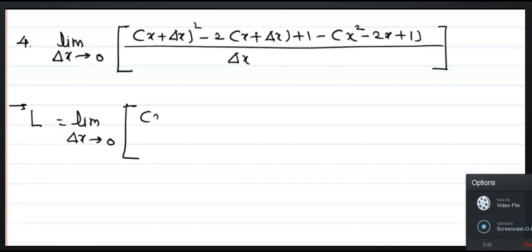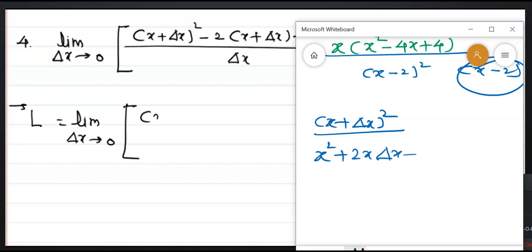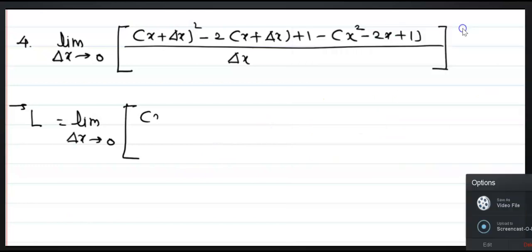Now let's see here. Again we will only do the expansion of x plus delta x bracket square. Only the expansion is there. You will get x square plus 2x into delta x plus delta x bracket square, and only the normal simplification is there.